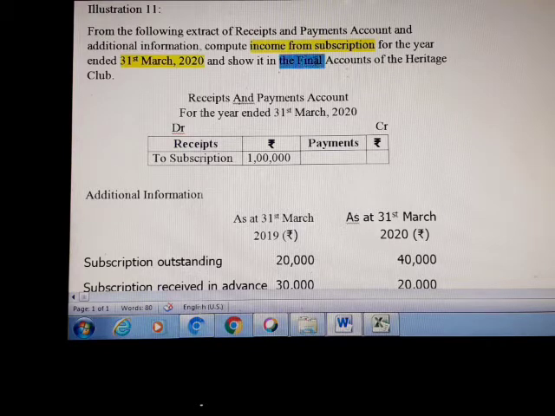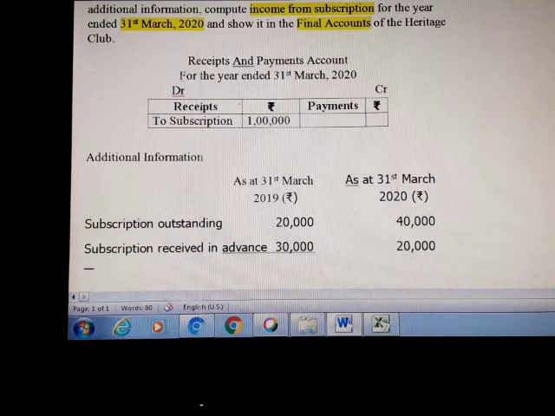And what does it mean to prepare final accounts? That means you need to prepare the balance sheet. When final accounts are asked in the question, you have to prepare a balance sheet. We have been given the receipts and payment account, and this is not a complete receipts and payment account.